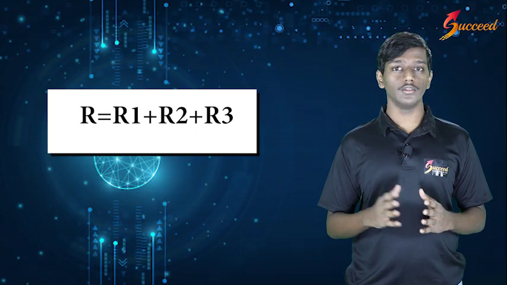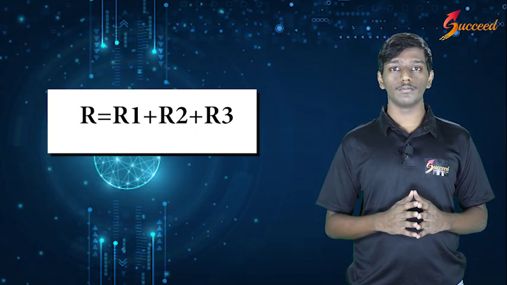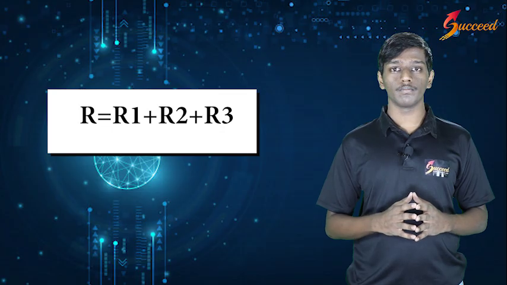Taking I common and cancelling, we get R is equal to R1 plus R2 plus R3. Equivalent resistance is equal to the sum of individual resistances when connected in series combination. Hence, we can conclude when a number of resistors are connected in series combination, the equivalent resistance is equal to the sum of the individual resistances.